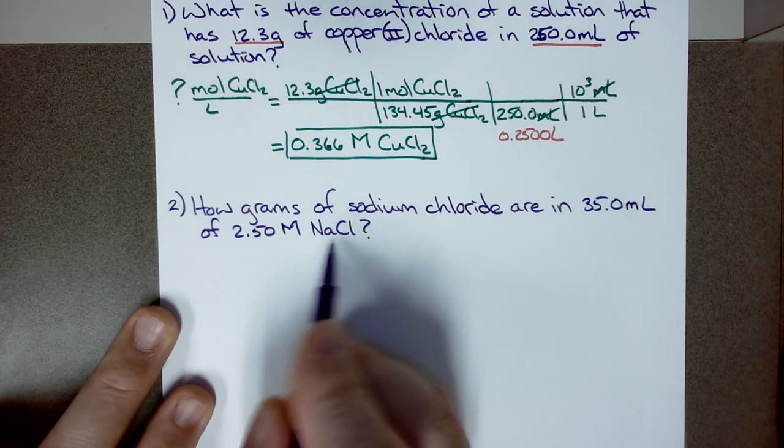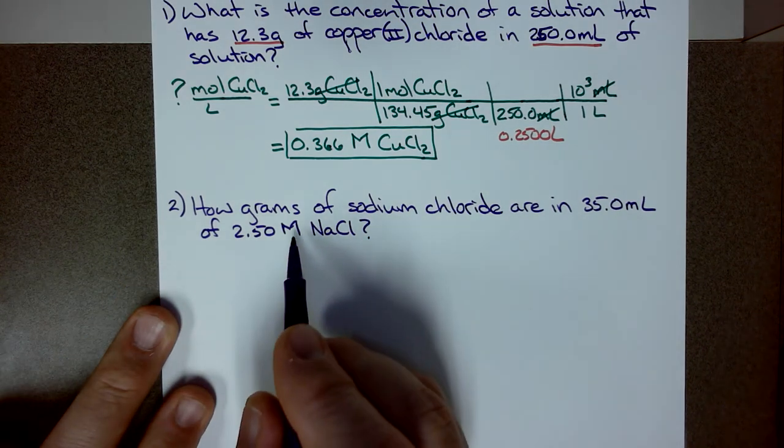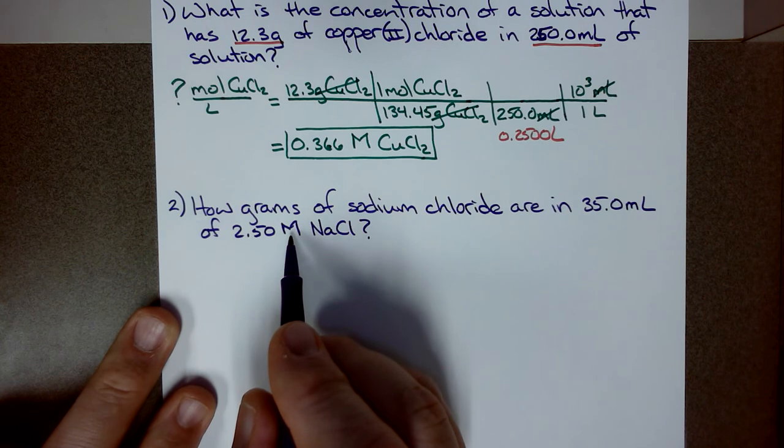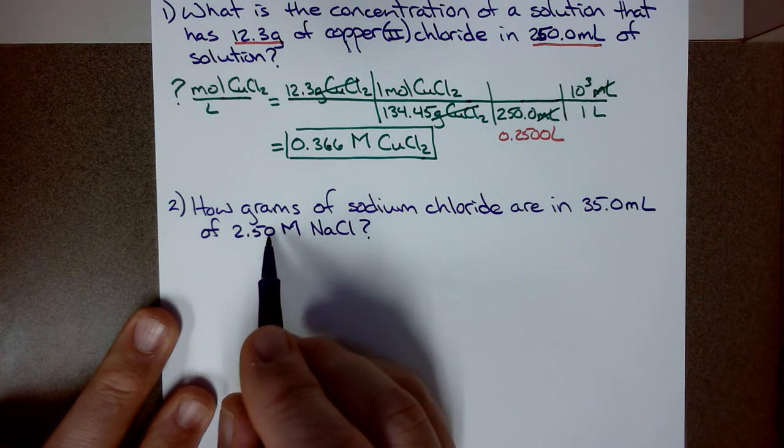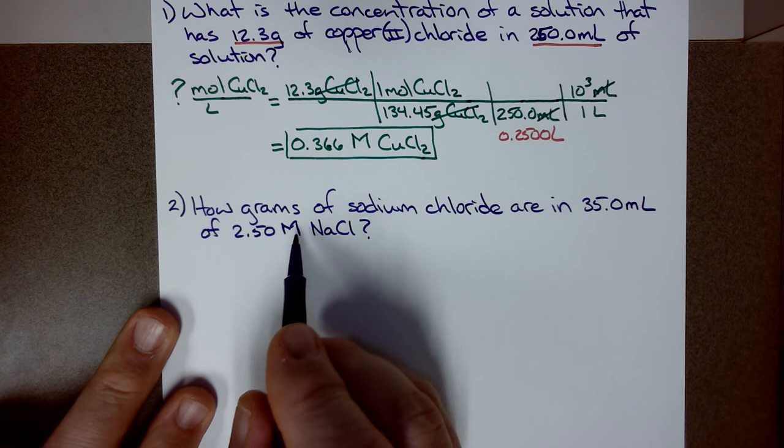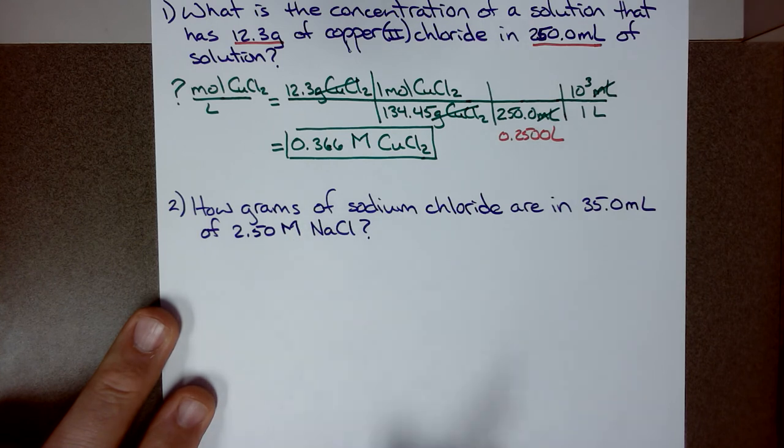So you notice I don't write solution or anything. When I write that capital M, that means I'm dealing with the solution. And the concentration is 2.5 molar, or 2.5 moles of sodium chloride per liter.